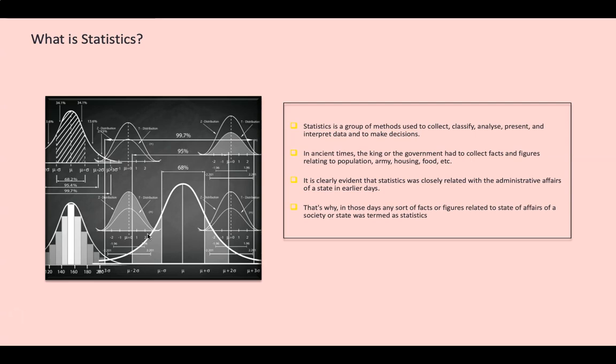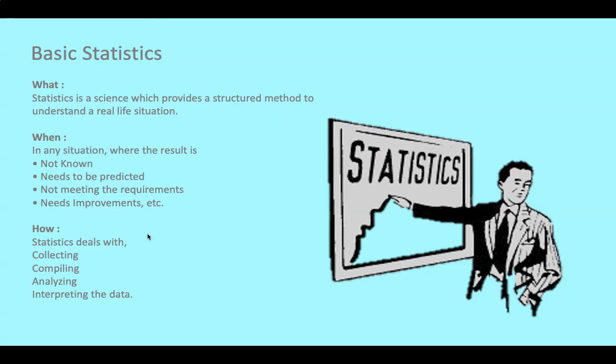Now, why is it important? Let's discuss this. When we talk about the very basics of statistics, we get the idea that it is a science which provides a structured method to understand a real-life situation or any problem. When to use it? We can use statistics in any situation where the result is not known and needs to be predicted, requirements are not being met and need some improvement, etc. How are we going to apply statistics?